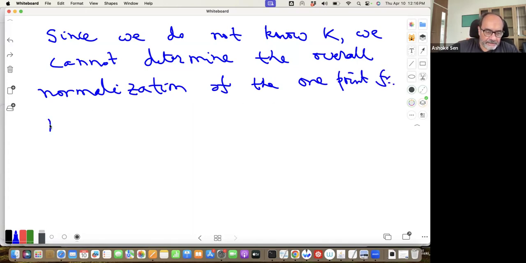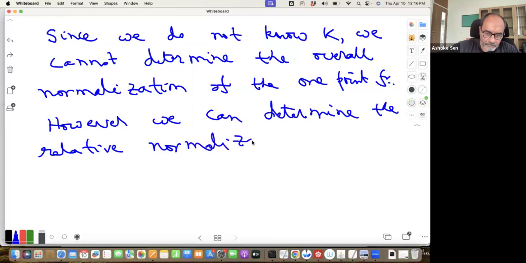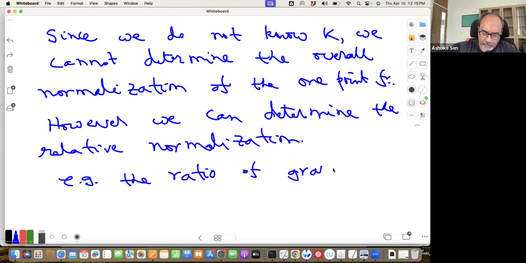However, we can determine the relative normalization. For example, the ratio of graviton coupling to dilaton coupling.